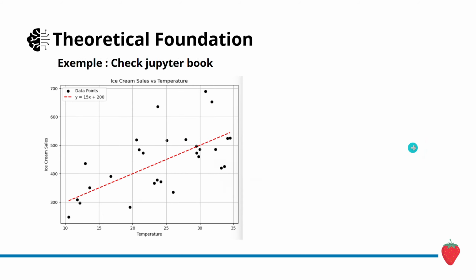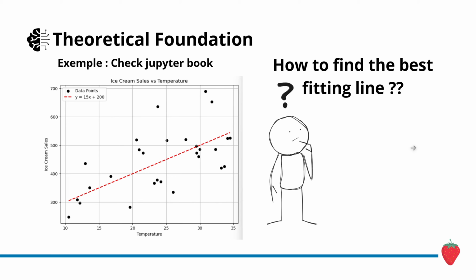We can find it by drawing it and seeing how it crosses all of them, like in this example that we've done. You're going to find the code on GitHub. You change the slope and the baseline, and you see if it's able to predict in a more accurate way.